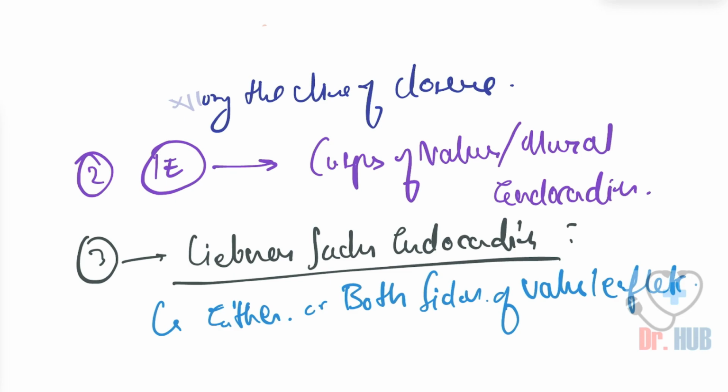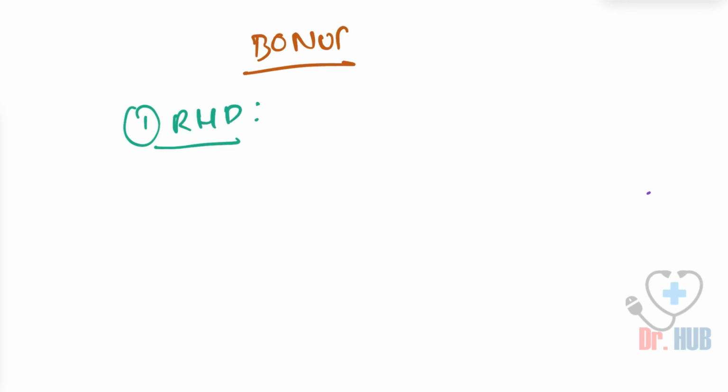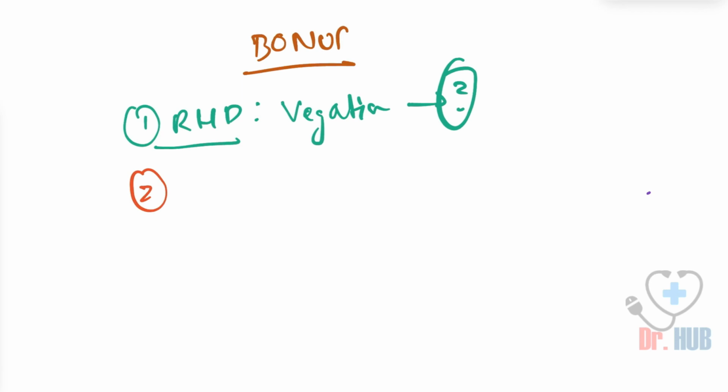Now we'll move on to our bonus questions. You can answer these bonus questions in the comments. The first question is, in case of RHD, how are the vegetations? Describe the vegetations in case of RHD. The second question is, in case of infective endocarditis, how is the vegetation?